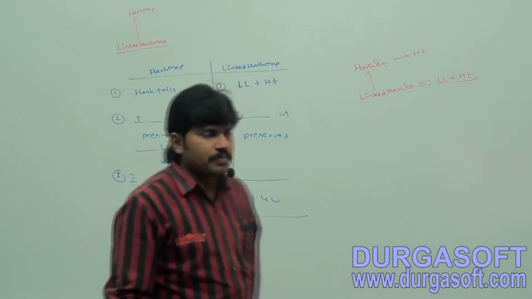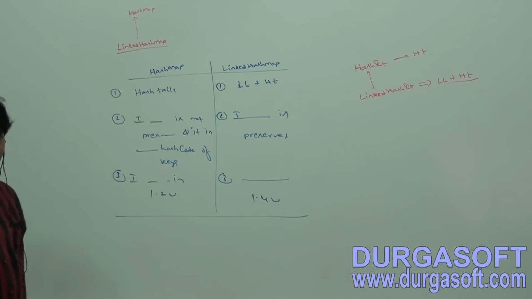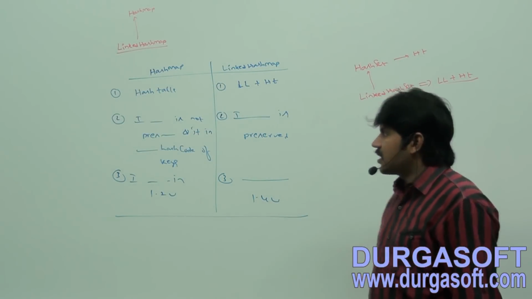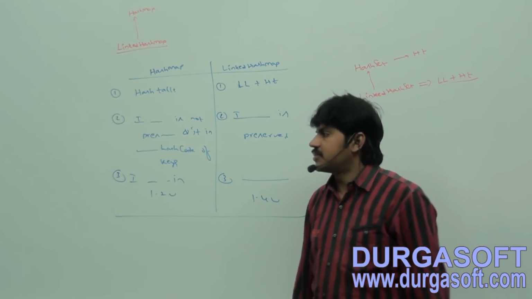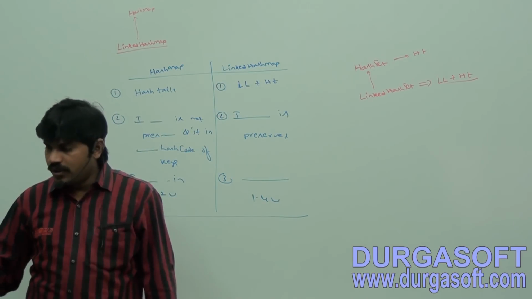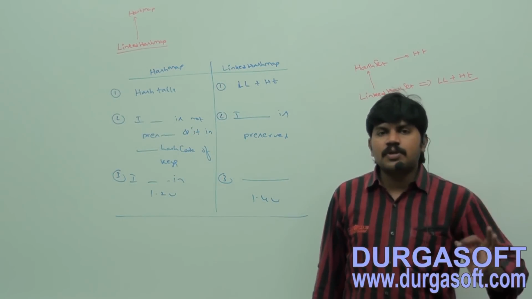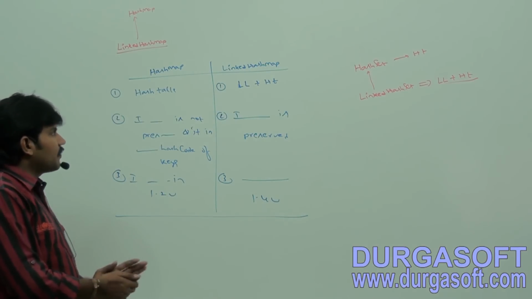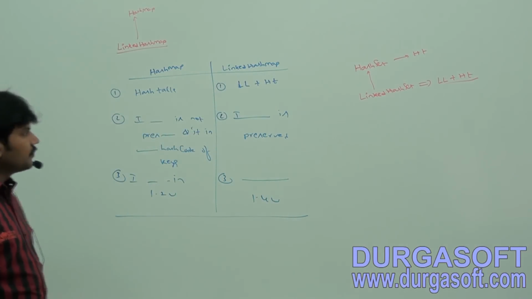Next, it is exactly the same as hash map, including methods and constructors, except the following differences.